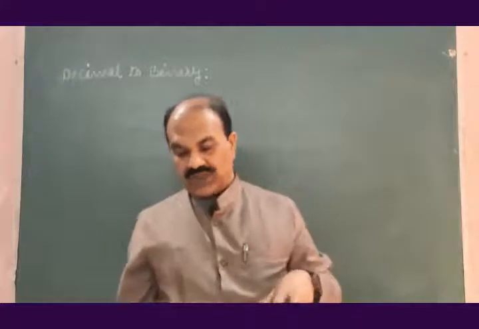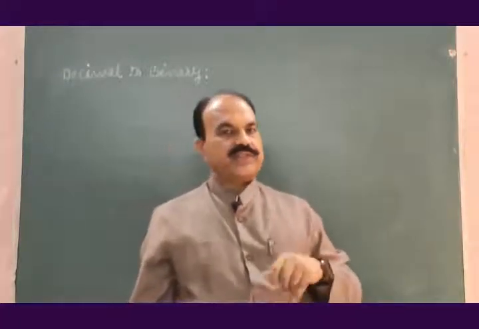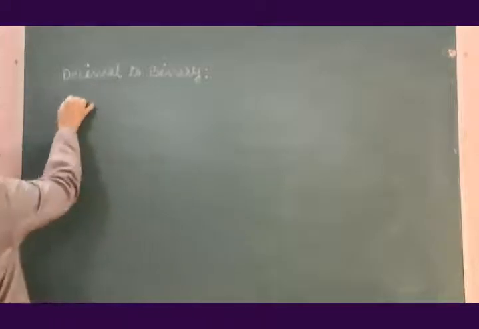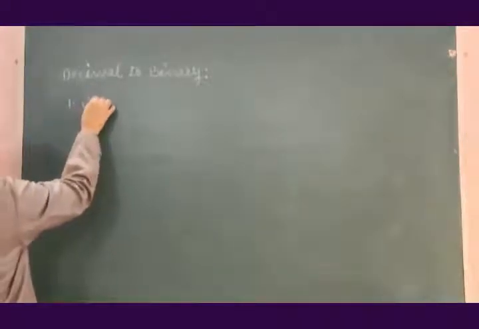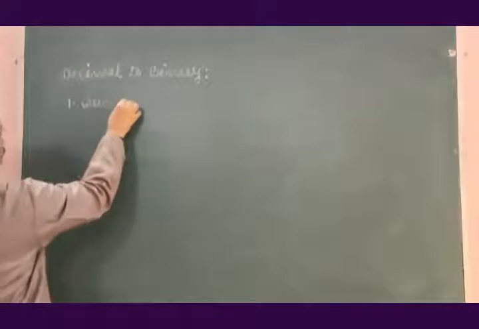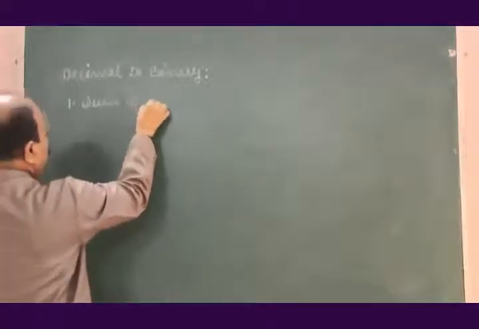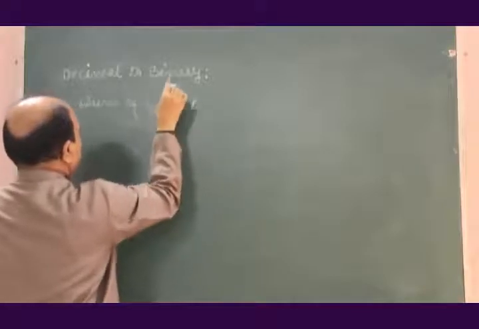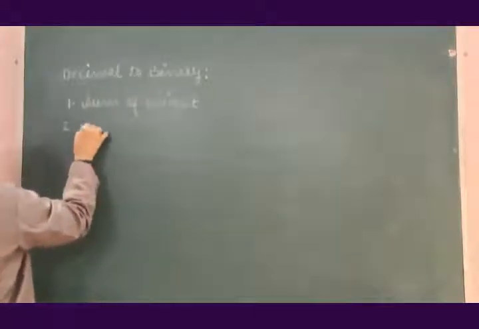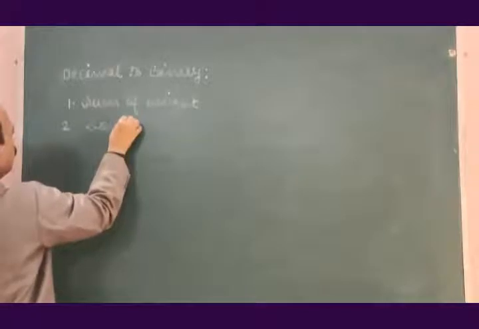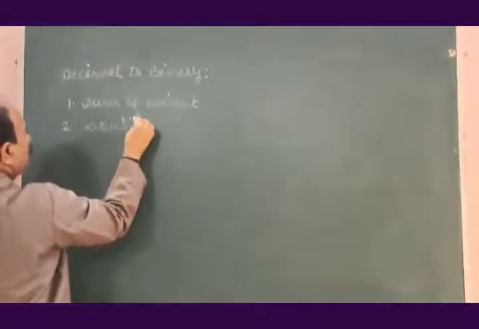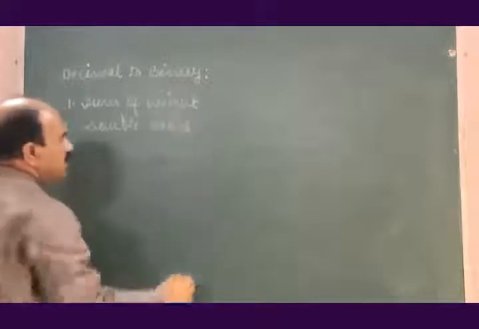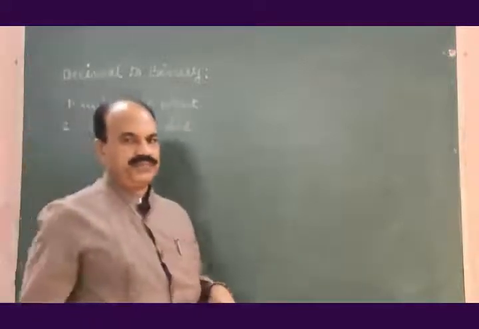There are two methods. The first method is sum of weight method. And second one is double-table method.